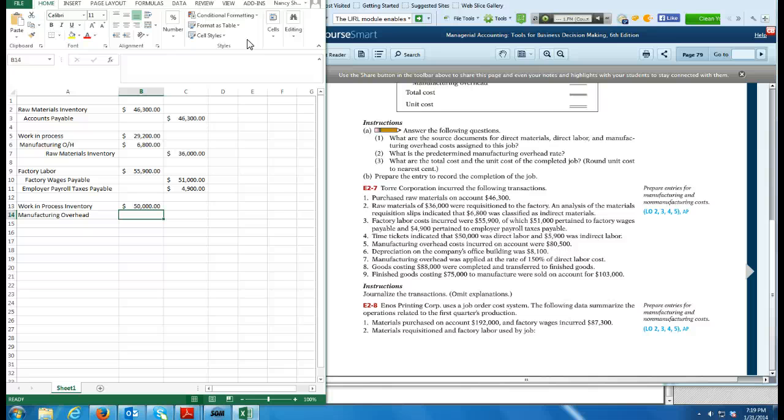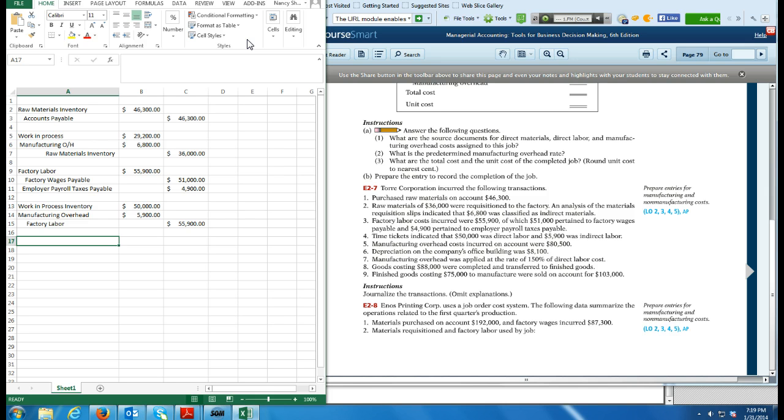And then we are applying that at a predetermined rate, and after that we'll figure out the delta on the actual versus the applied. But in here, the indirect labor was $5,900, and the total amount will be credited to factory labor in the amount of $55,900.